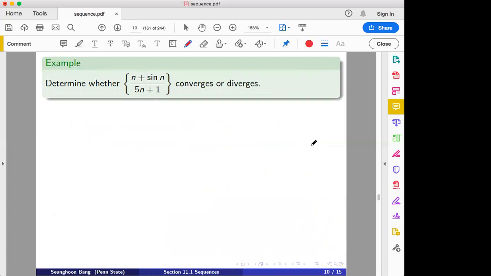This is the idea: you can take the limit of n plus sine of n over 5n plus 1. Does this converge or diverge? What do you think? How can you solve this problem?